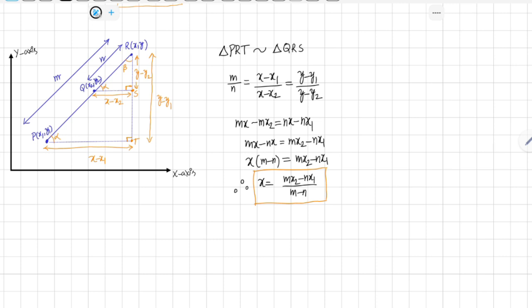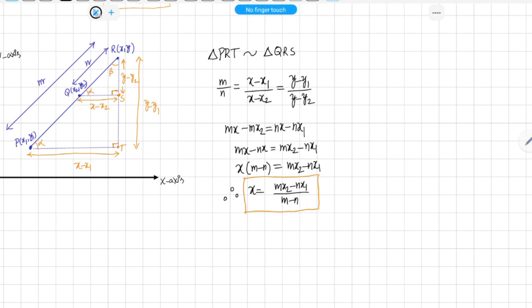Now we'll compare m by n with (y minus y1) by (y minus y2). Let me do that. m by n is equal to (y minus y1) by (y minus y2).